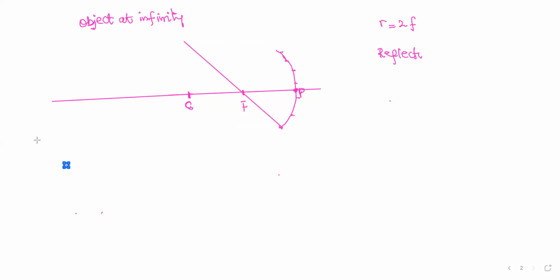Oh, hold on. Hold on, I'm coming. So let's start with this. A ray of light hitting the pole must reflect at the same axis. It must reflect at the same angle.